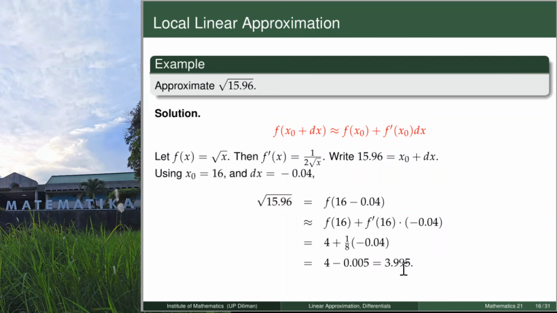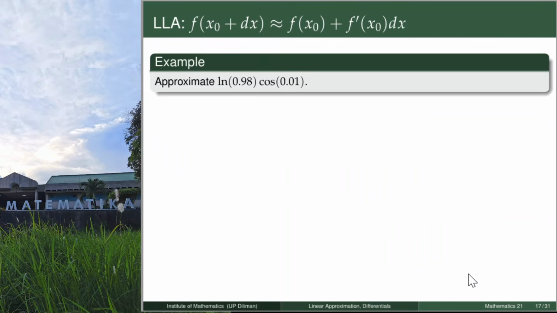And this is now our numerical estimate for square root of 15.96. So let's take a look at what you will see in the calculator. The actual value is this one. So, good estimate.